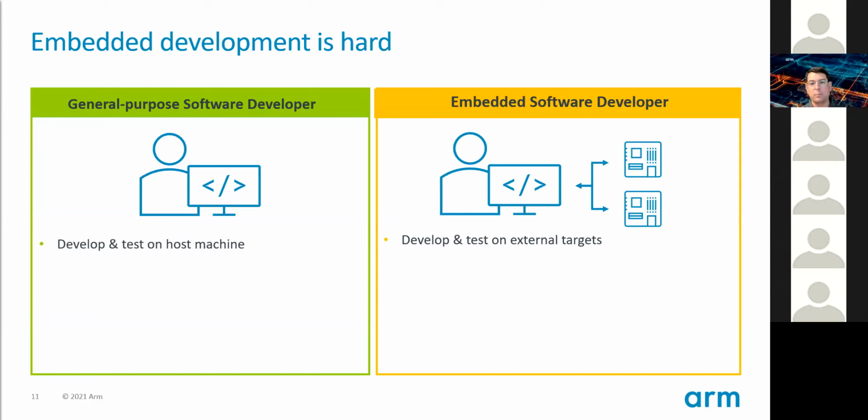Some may be running complex Linux-based distributions, while others will run RTOS or bare metal firmware with functional safety requirements. Most CI platforms and related tools available were developed for general purpose software development.